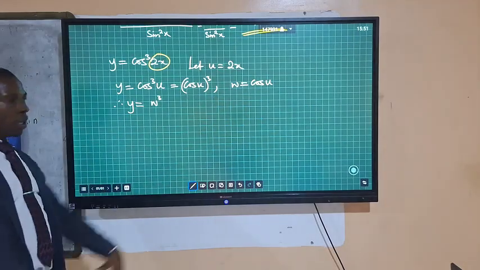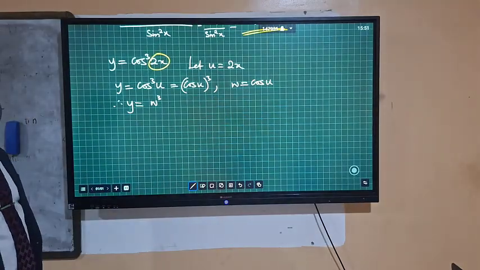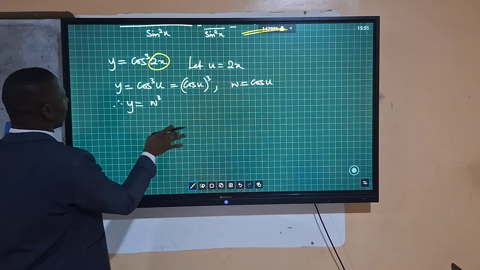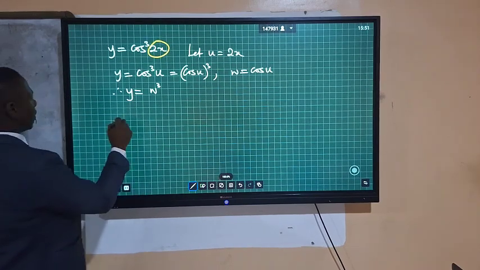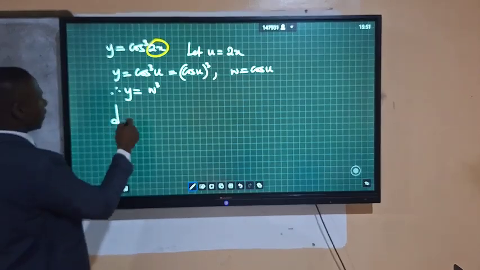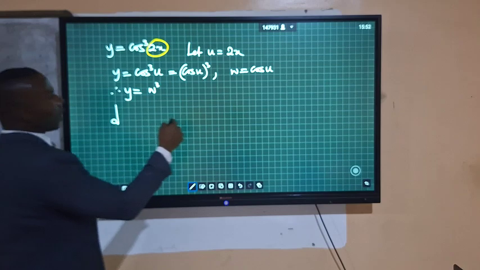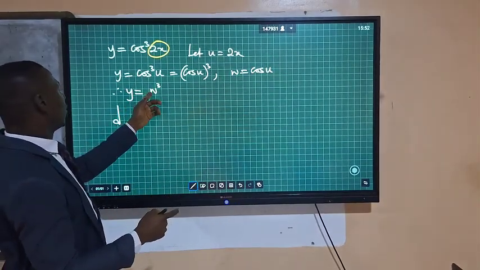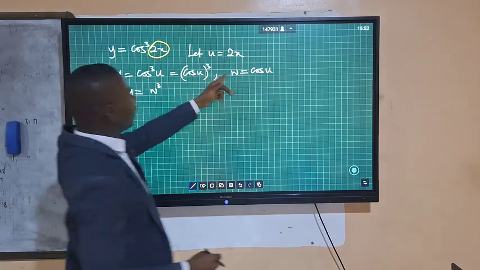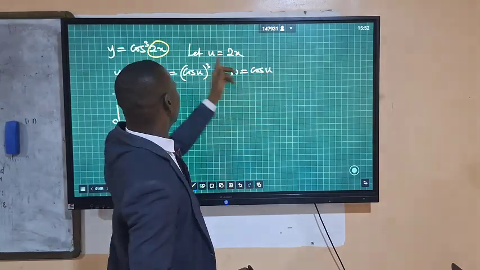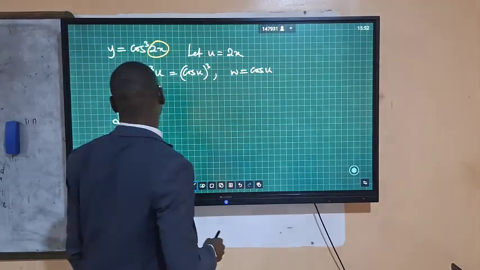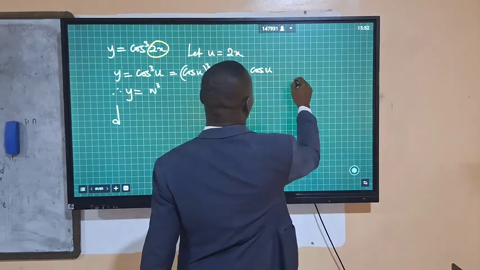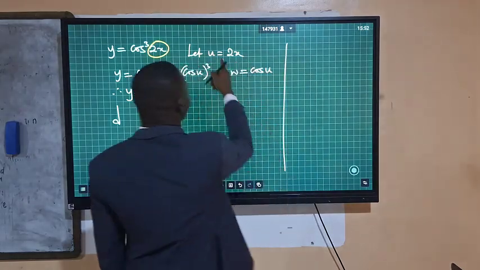Alright, so let's now apply our chain rule here. In this case, let's find dy over dw, dw over du, du over dx.